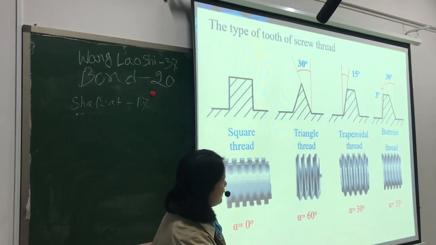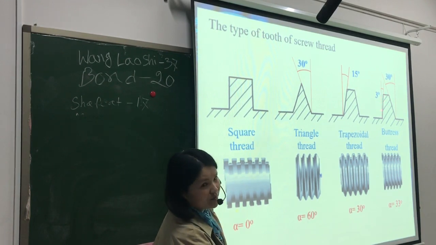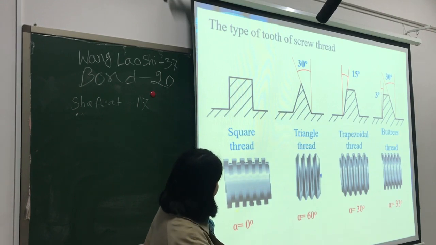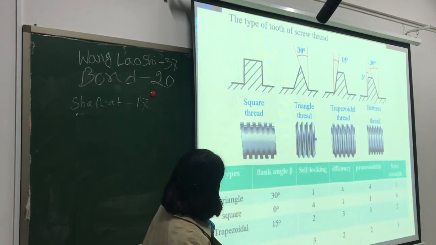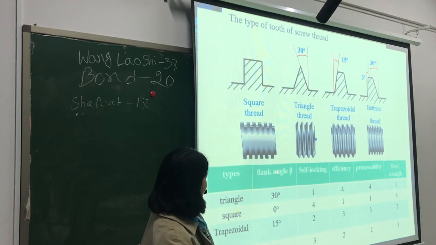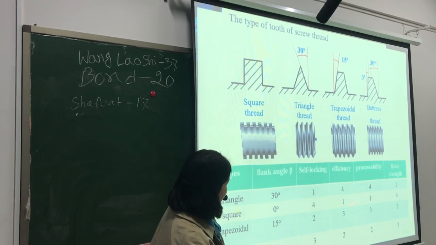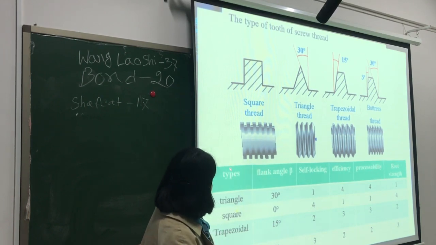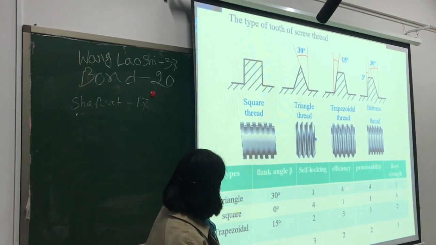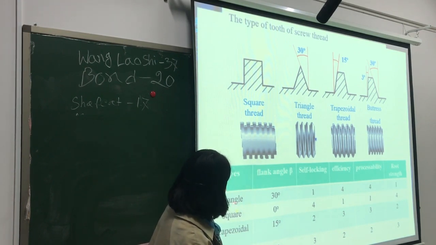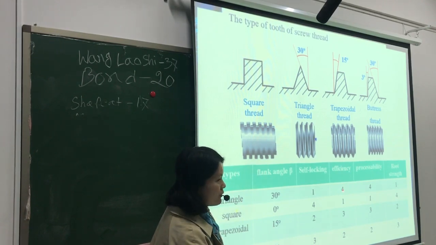This flank is subject to operating load. These are the flank angles and self-locking efficiency of the 4 types of screw threads, and the efficiency of a triangle screw thread is the worst.